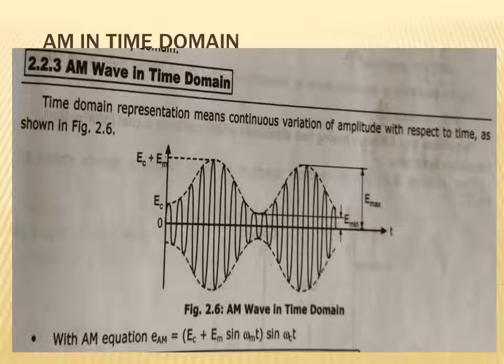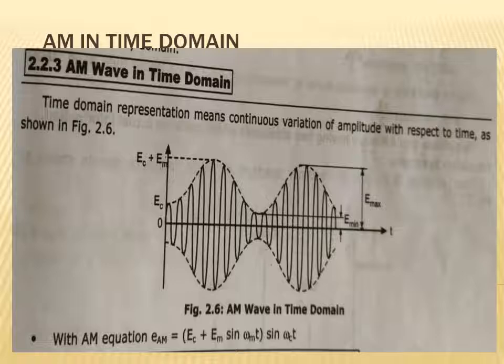The AM in the time domain is nothing but your AM modulated signal. You have to draw it and write the equation of EAM, the mathematical equation of the AM signal: EAM is equal to EC plus EM sine of omega MT into sine of omega CT. So this is the AM in the time domain.